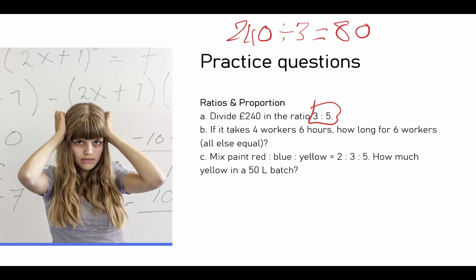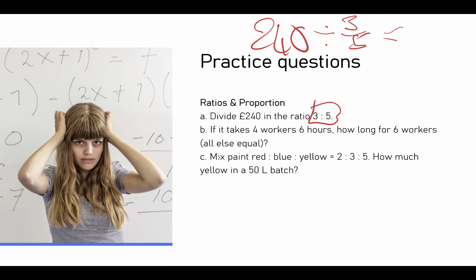What we could do is, ratio of 3 to 5, 80.